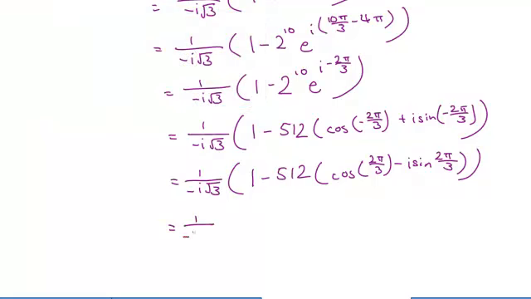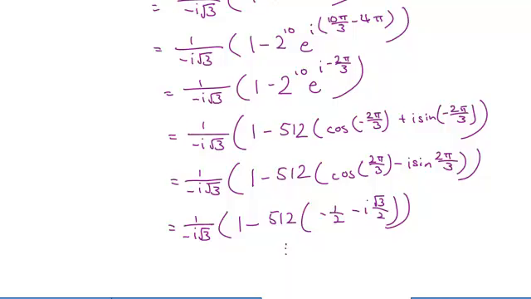Simplifying, cosine 2 pi over 3 is minus half. On the other hand, sine 2 pi over 3 is actually root 3 over 2. If you simplify this and rationalize the denominator, you will get the answer.